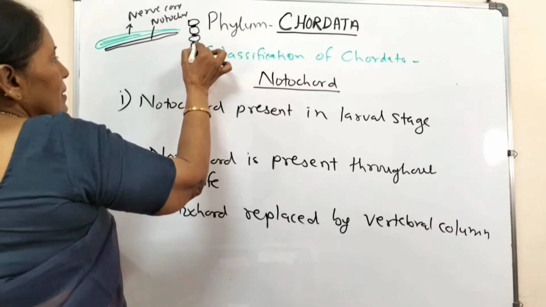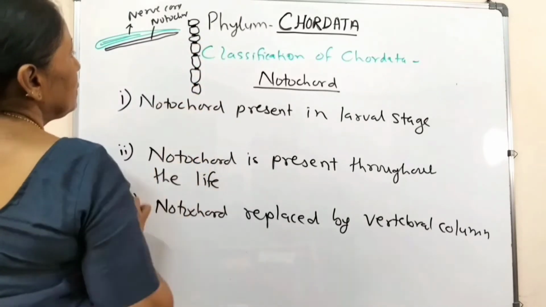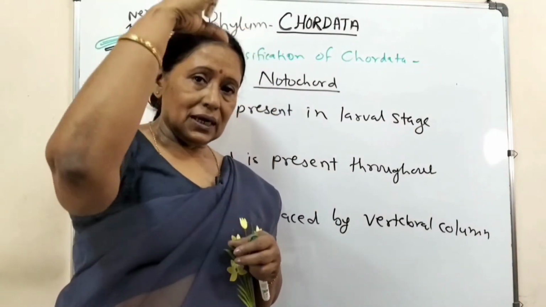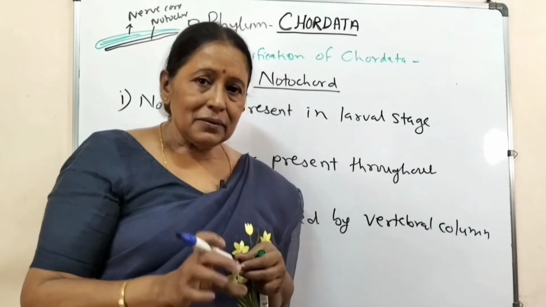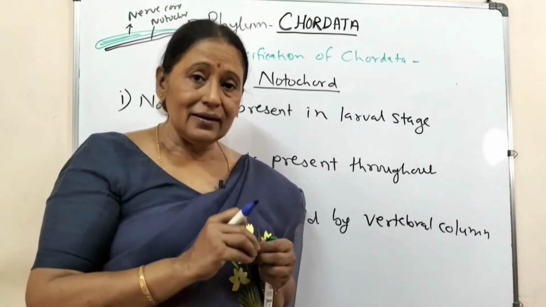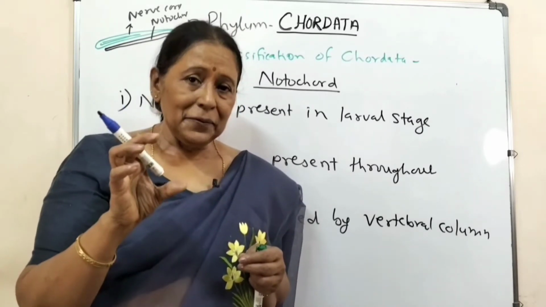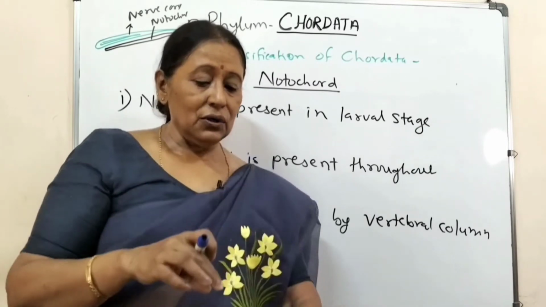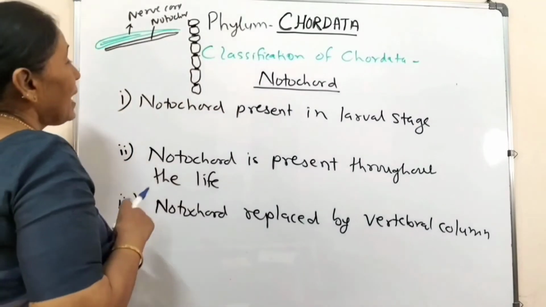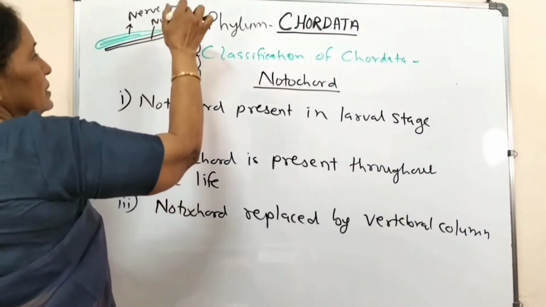Here the cartilage is present in between. This is the vertebral column. It is as if there are many bricks present one upon another to form a column, but the difference is that the bricks are solid, while the vertebrae are hollow from inside, so that through that cavity can pass the spinal cord, which is the CNS.